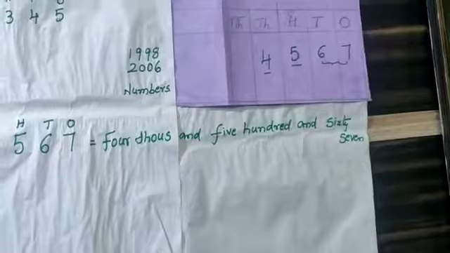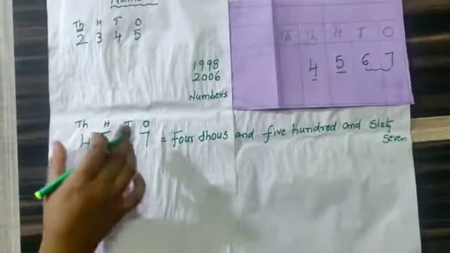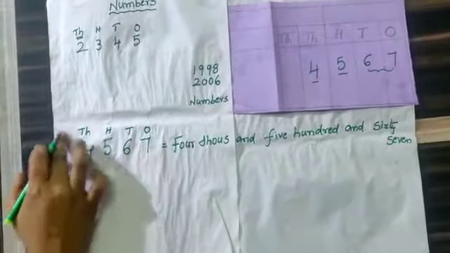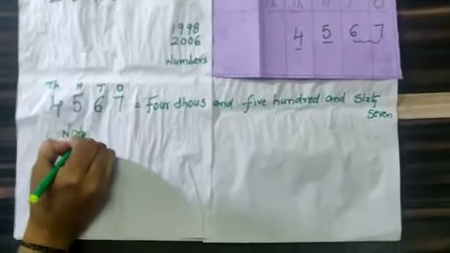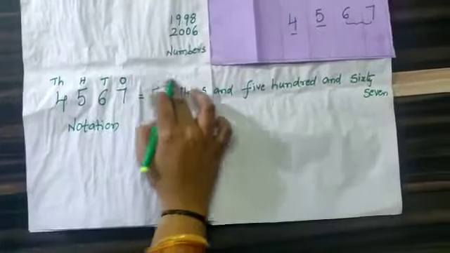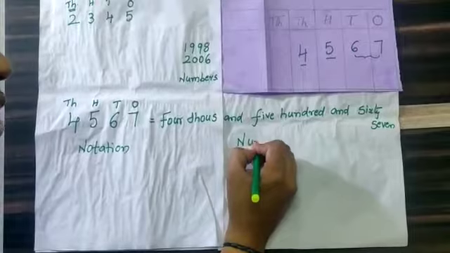So here one thing you observe, children, we are writing the same number in 2 forms. One is in figure form, one is in word form. If you write any number in figure form, we call it notation form. What do we call? Notation form. If you write any number in words, we call it numeration form.